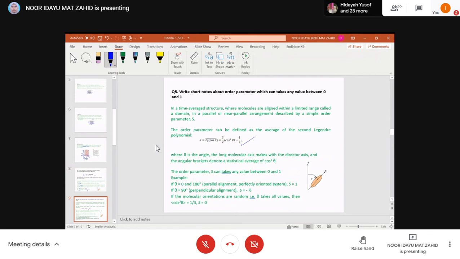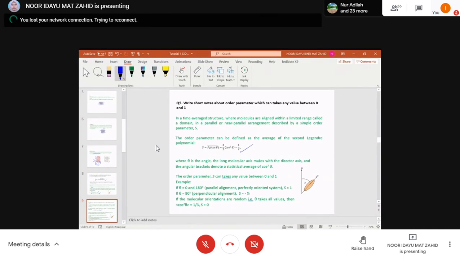It is similar to the previous question: 3/2 cos² θ minus 1/2. It's just a matter of how you rearrange your equation. Here, θ or β is the angle the long axis makes with the director axis, and the angular statistical average is taken.